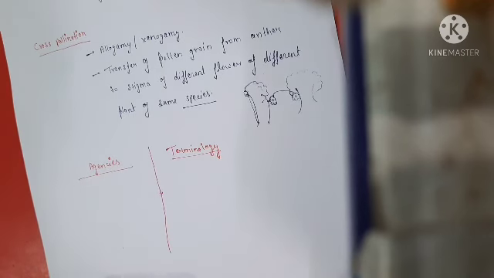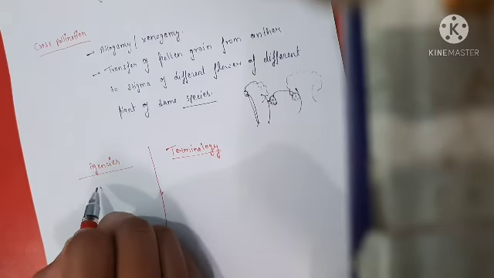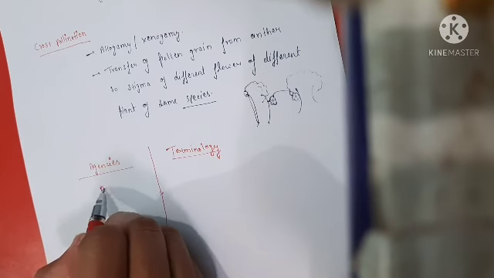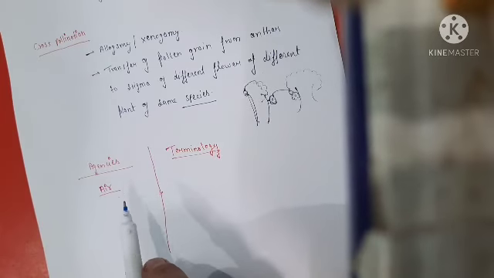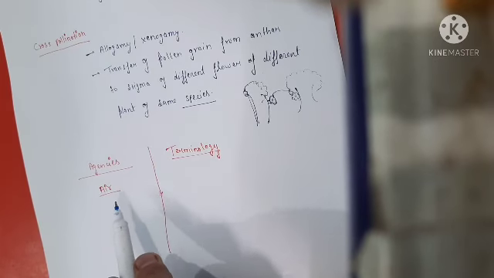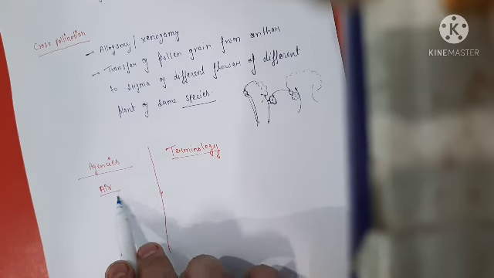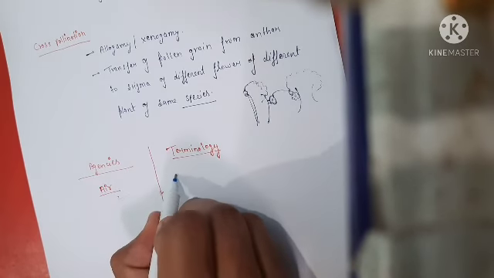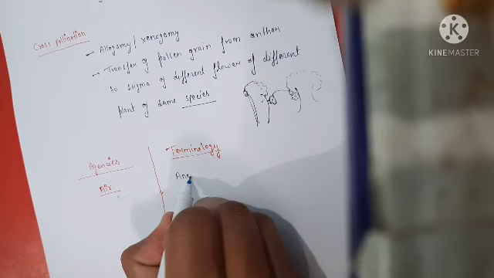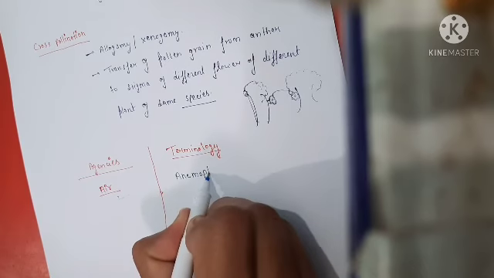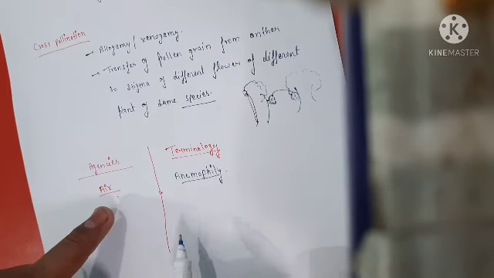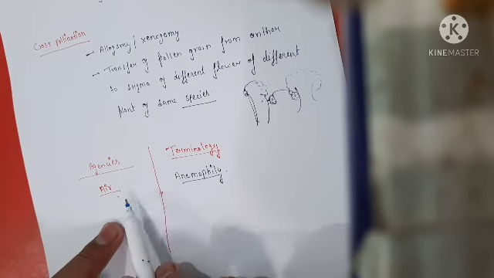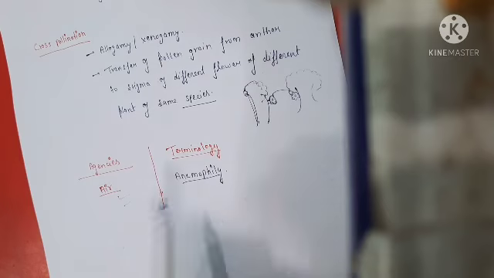Suppose if transfer of pollen grain takes place through air, then air is the agency. And if the transfer of pollen grain from anther to stigma takes place through air, that term is called anemophily.